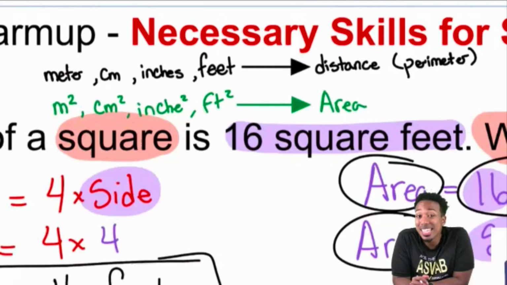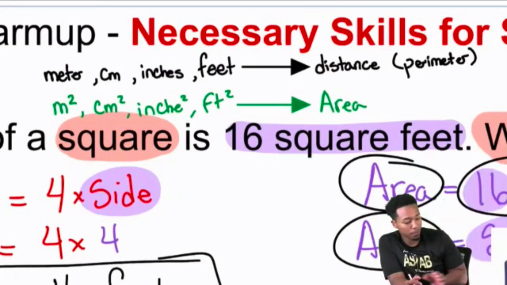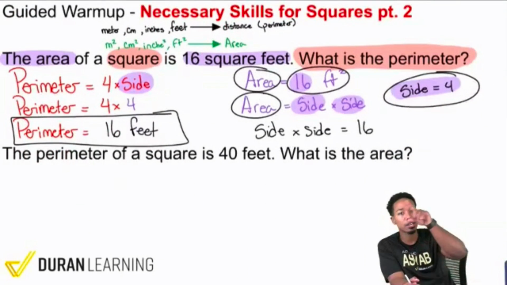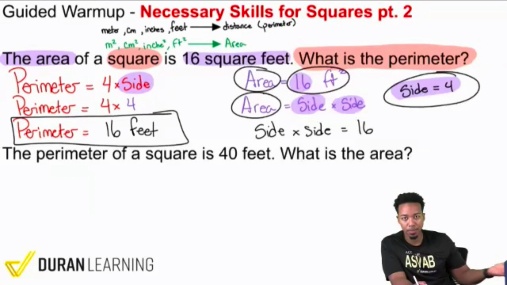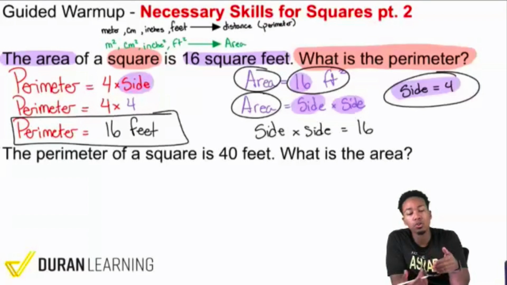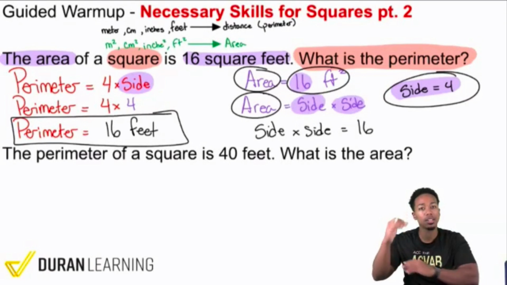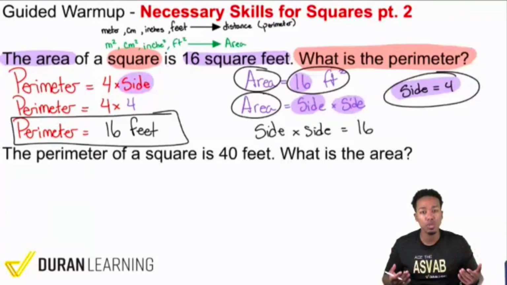And the reason for this, everybody, is for the following reason. When you have perimeter, you're just adding up all the sides. 1 foot plus 2 feet is 3 feet. However, when you're doing area, you're not adding, you're multiplying. You're multiplying this side by this side. When you multiply units, you square the units.